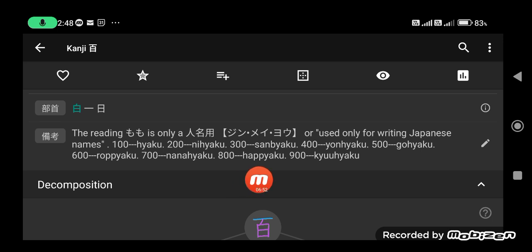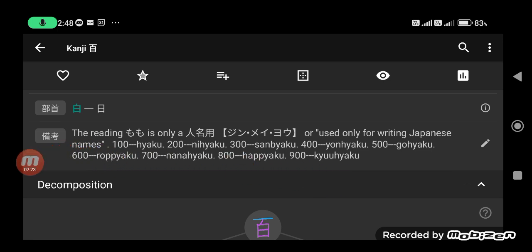So you drop the chi and make the consonant of the second kanji doubled. In handakuten form, it's pyaku, but due to the presence of the chi in hachi, the pyaku becomes doubled in its p. So happyaku. And then 900 is kyuu hyaku.